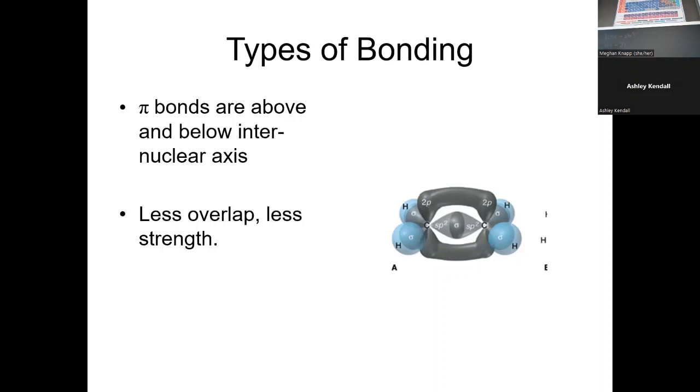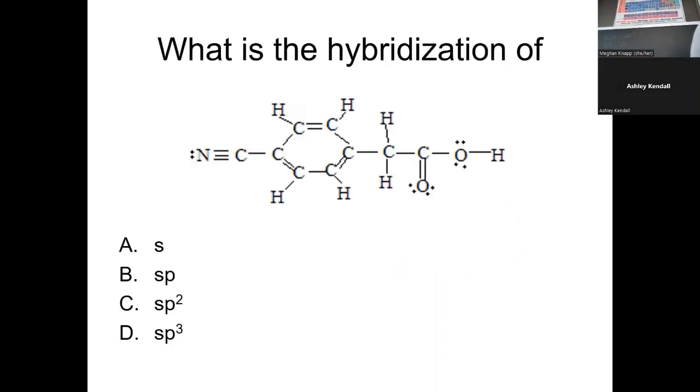Now, sometimes we ask the question, which bonds have pi bond character? So I'm going to go back to the previous slide. Everywhere we see multiple bonds, so the triple bonded carbon, the double bonds on the ring, the double bond carbon to the oxygen, all of those have pi bond character.